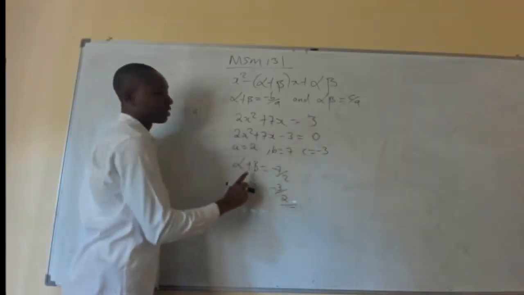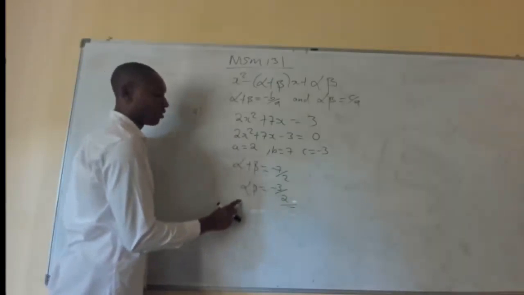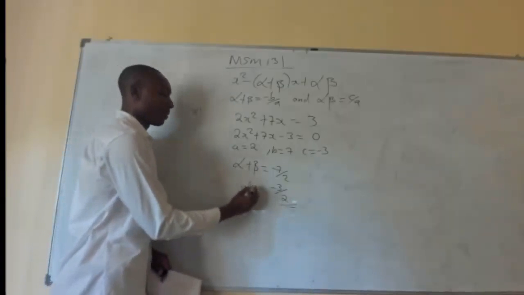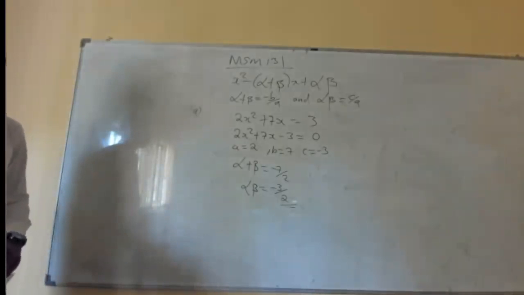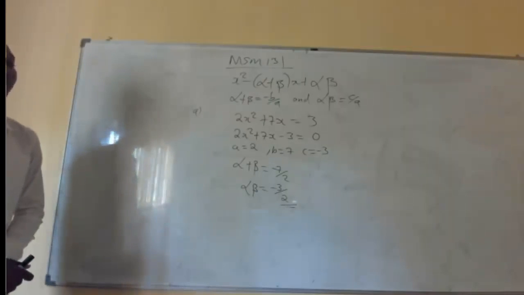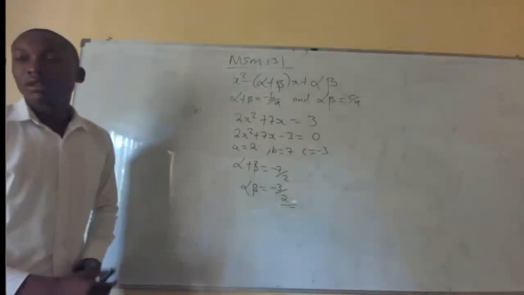So what is c? c is negative 3. And what is a? 2. So alpha times beta, this is the product, is equal to negative 3 over 2. Okay? All right.